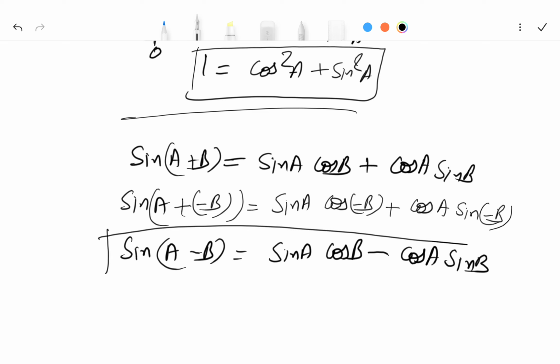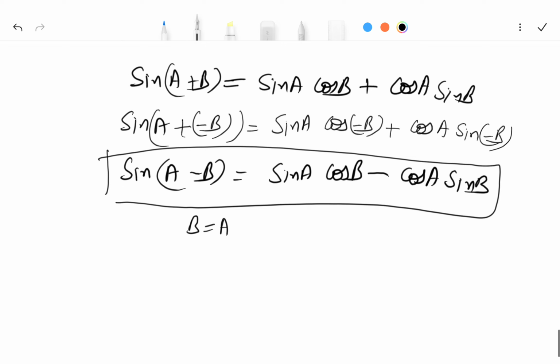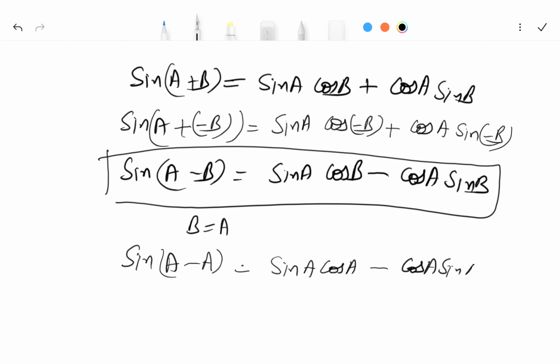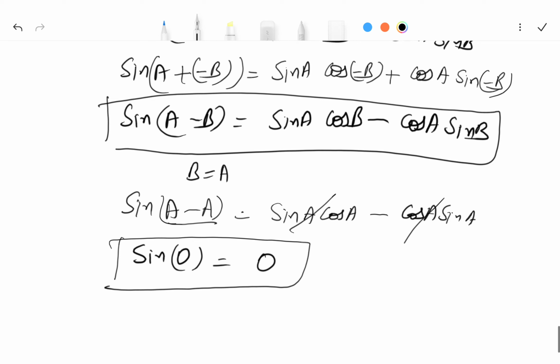This is another formula. If I substitute B equal to A, then what I will get? Sin A minus A equal to sin A cos A minus cos A sin A. It is cancelled, and here I will get sin 0, which is 0.